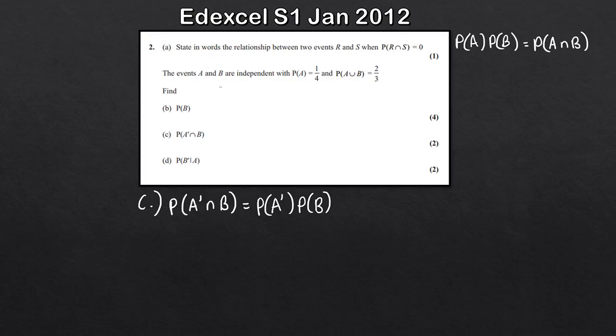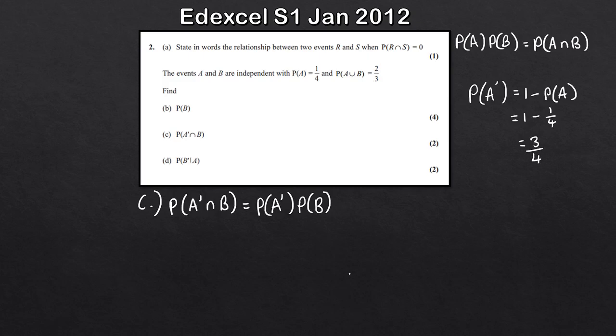So all we need to simply do here is evaluate the probability of A complement. Remember, that's just going to be 1 minus the probability of A. So if the probability of A is 1/4, this is 1 minus 1/4, giving us 3/4 there.